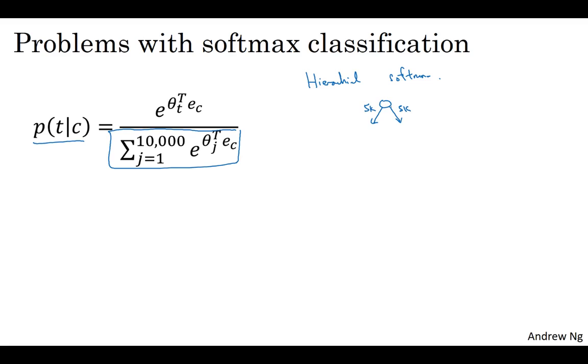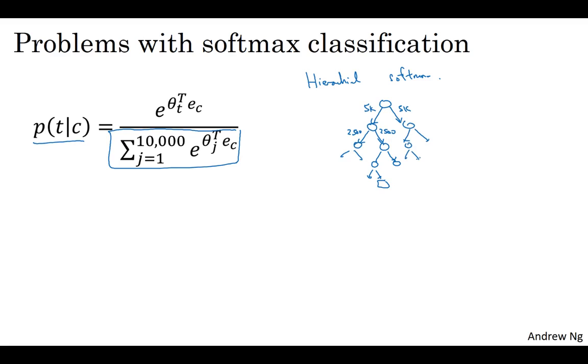And let's say this binary classifier tells you it's in the first 5,000 words. Then you can have a second classifier tell you, is this in the first 2,500 words of vocab, or in the second 2,500 words of vocab, and so on, until eventually you get down to classifying exactly what word it is, the leaf of this tree.